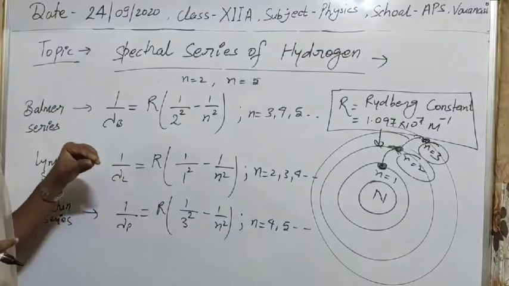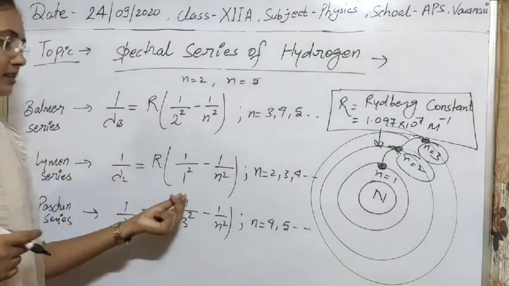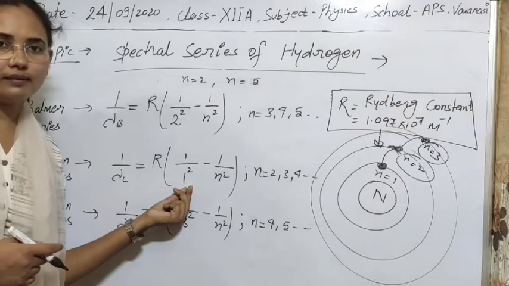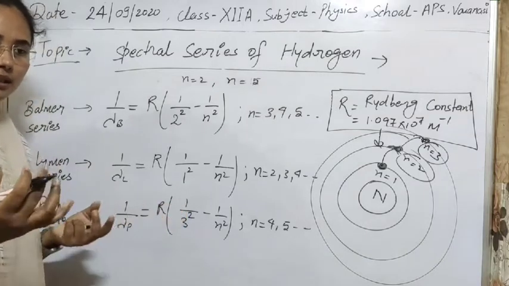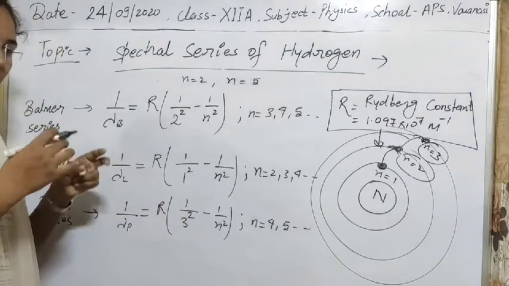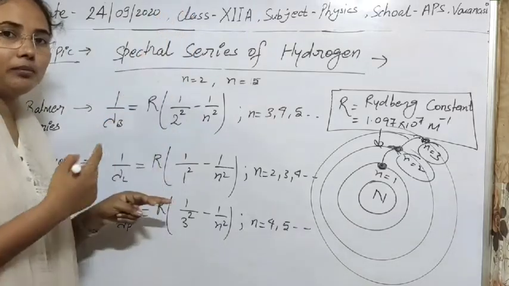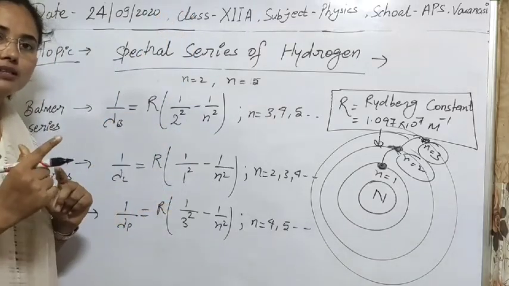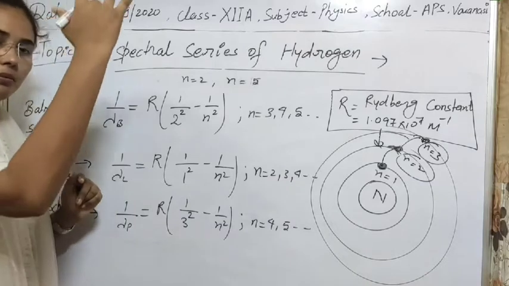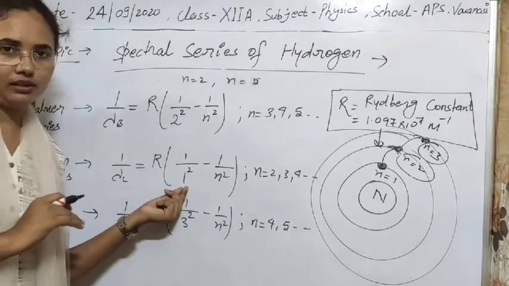Here the destination of the electron is n equal to 1. If it absorbs energy, it will go from n equal to 1 to higher orbits, and if it emits energy, it will come from a higher orbit to n equal to 1.